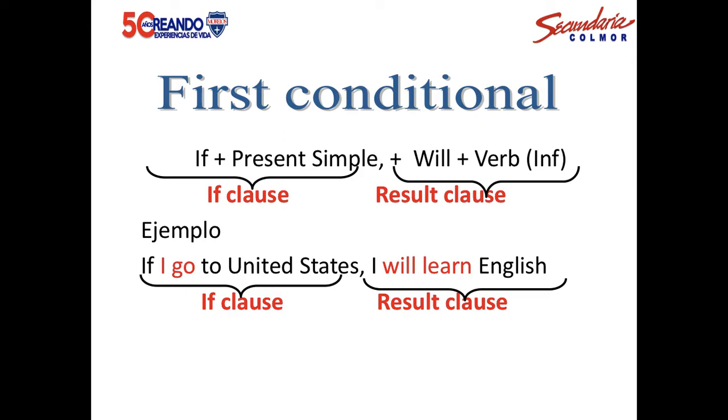Okay, now let's talk about the first conditional. Remember that when we are using the first conditional for if clauses, we are using the present simple, but we are using will and the verb in infinitive in the result clause. For example, if I go to the United States, I will learn English.